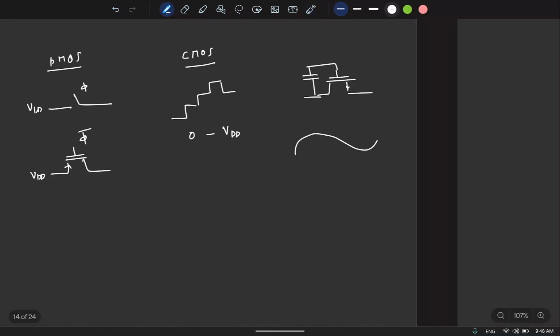So now let's move on to one more non-ideality, and that is also related to the on resistance of the switch. So let's say this is the model for our switch. And right now this Ron can be the on resistance of any of the switches we have seen. Now ideally, if the input is 0, we expect that the output samples are also 0, right?